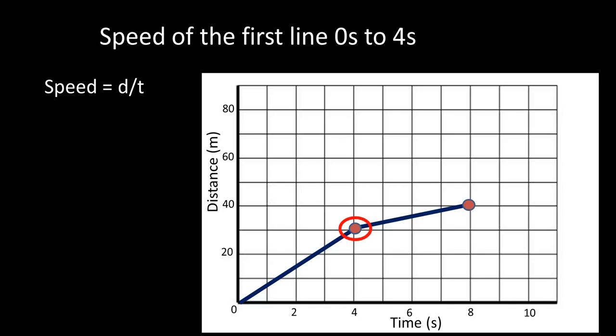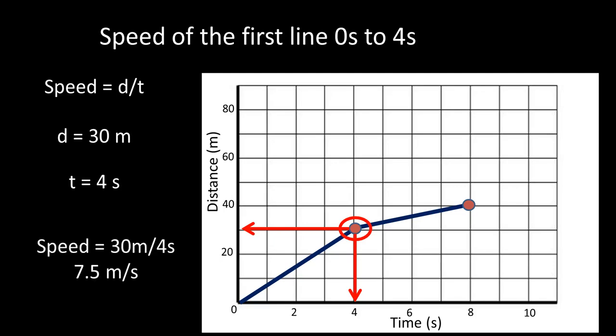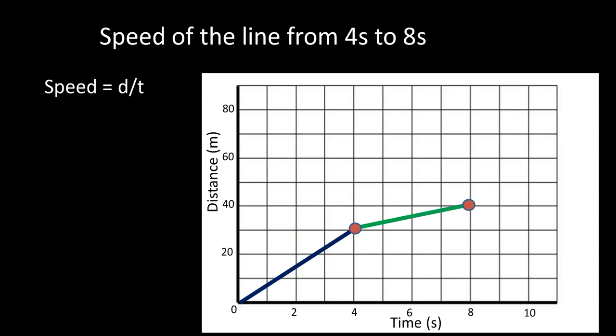And so here is that coordinate, and that brings us to a distance of 30 meters and a time of 4 seconds. And so distance divided by time would be 30 meters divided by 4 seconds, which gives us a speed of 7.5 meters per second.